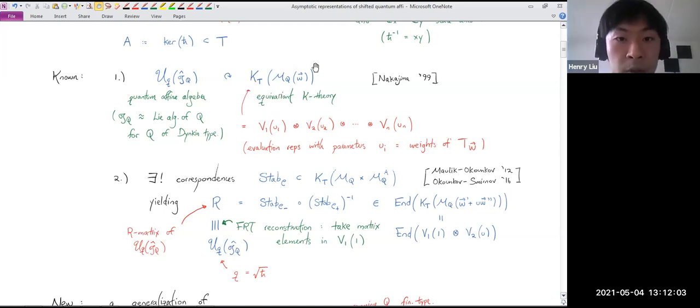So you can take this object, and this object turns out to be a representation of what's called a quantum affine algebra, U_q G hat.